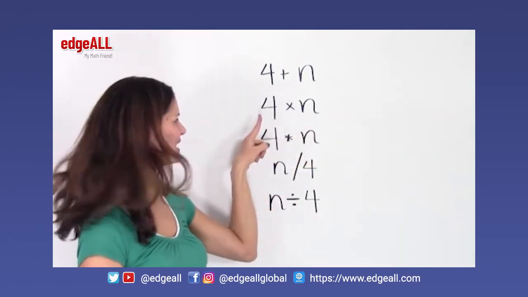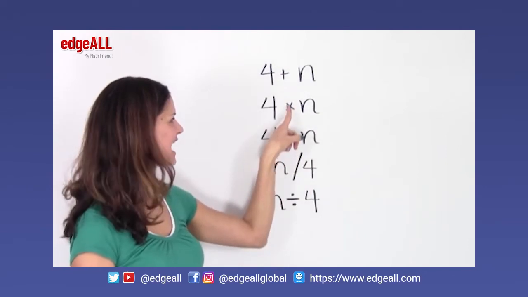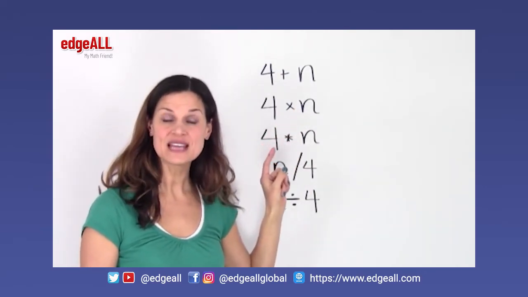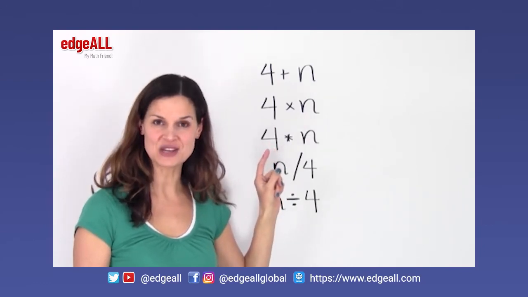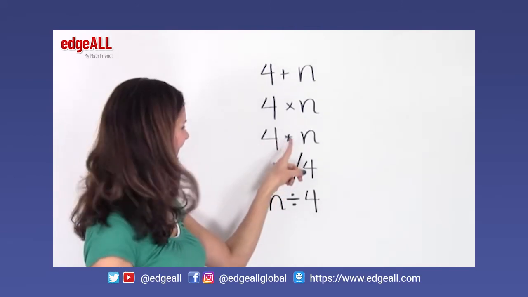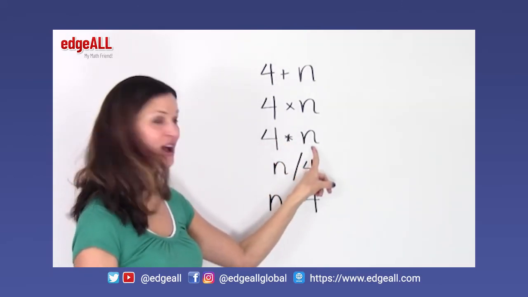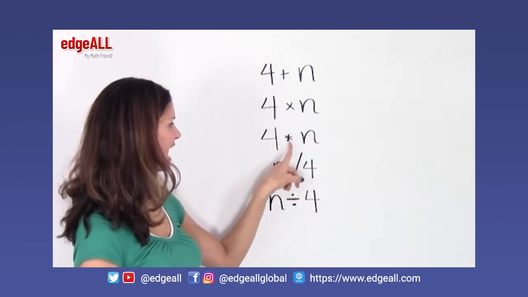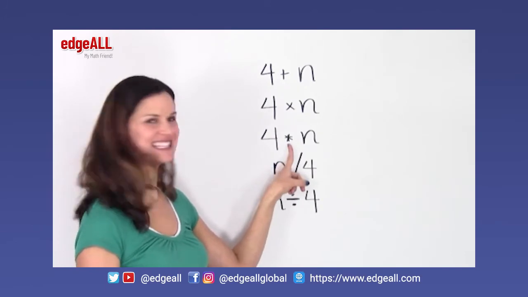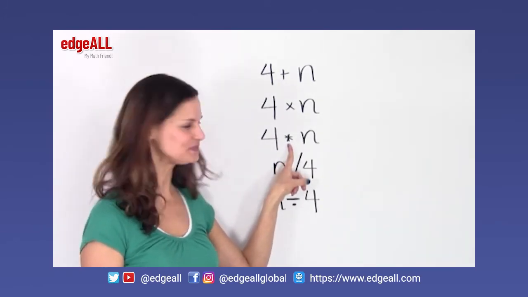So again, 4 is my number and n is my variable, and my operator is this x here, which represents multiplication. Sometimes you'll also see multiplication represented with a little star, an asterisk. So this 4, this symbol, and this n also represents 4 times n. 4 is my number, n is my variable, and this symbol here is my operator for multiplication.